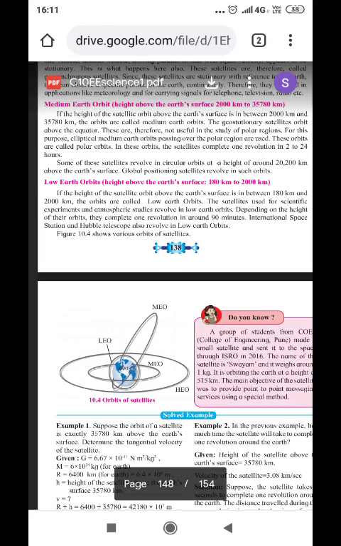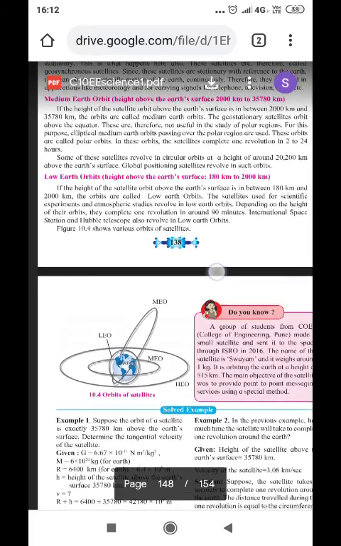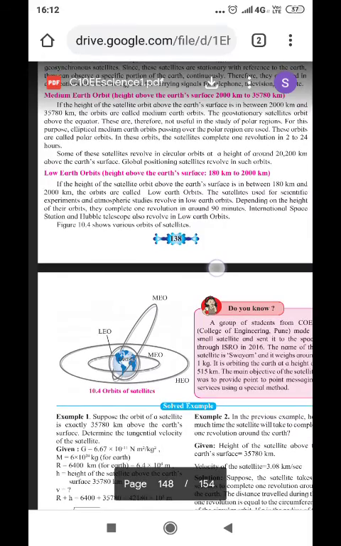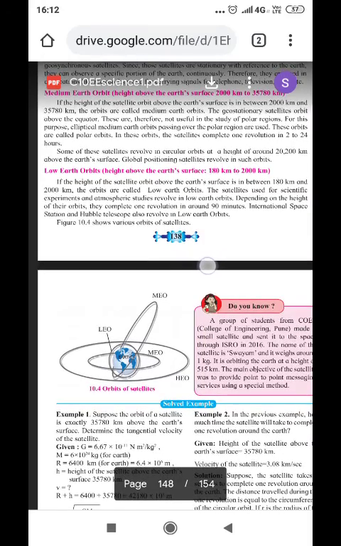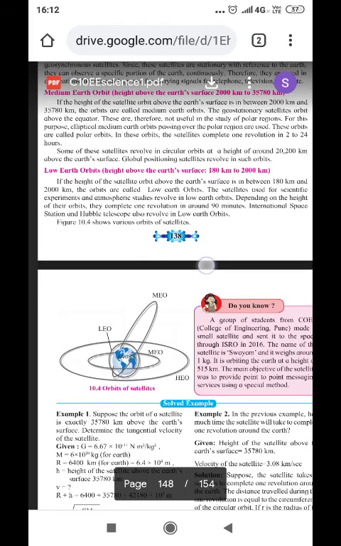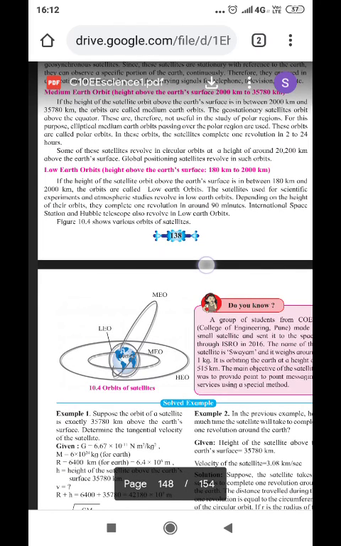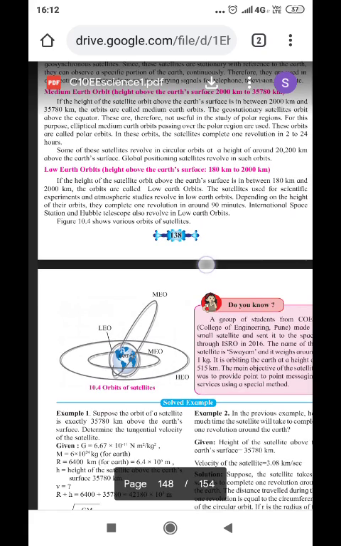Now, medium Earth orbit, height above Earth's surface 2000 km to 35,780 km. If the height of the satellite above the Earth's surface is between 2000 km and 35,780 km, the orbits are called medium Earth orbits.